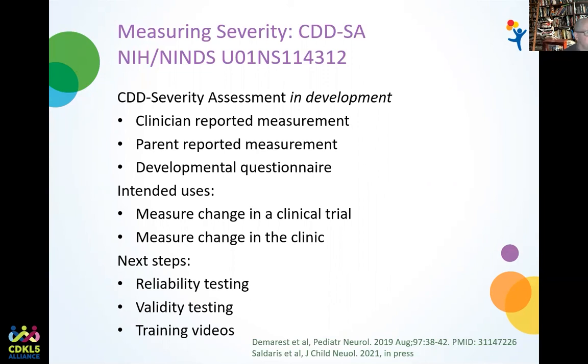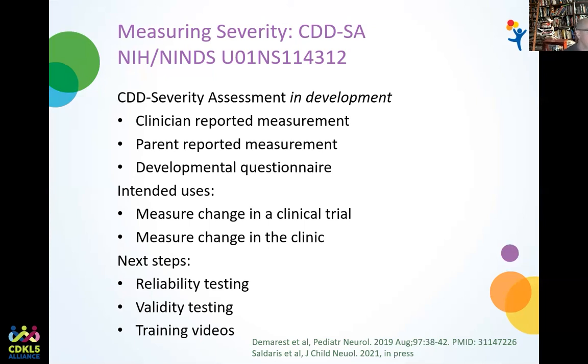So the CDD Severity Assessment has been divided into 3 portions now. There's a clinician-reported measurement, a parent-reported measurement, and a developmental questionnaire. And the papers at the bottom there note the initial development of the severity assessment and a recent content validation, which is now in press in Journal of Child Neurology.